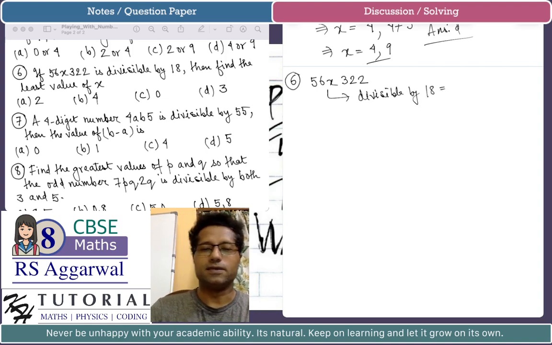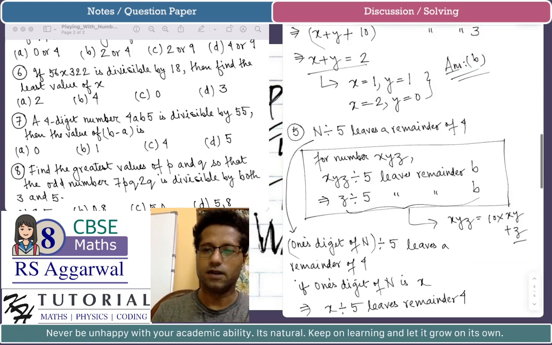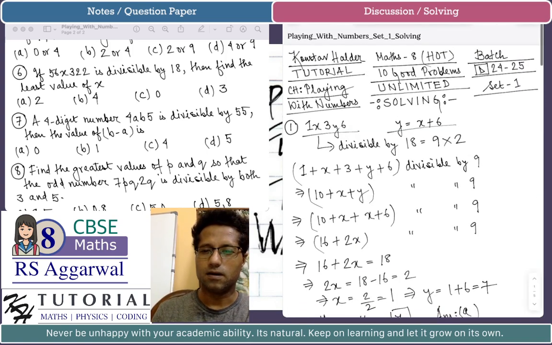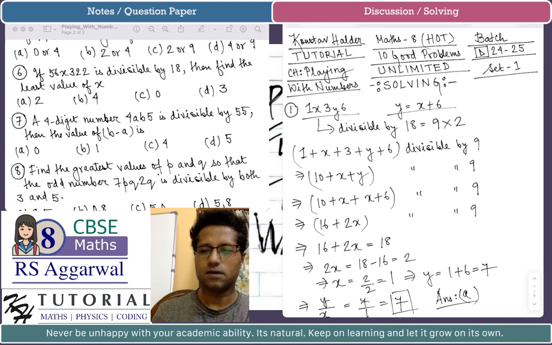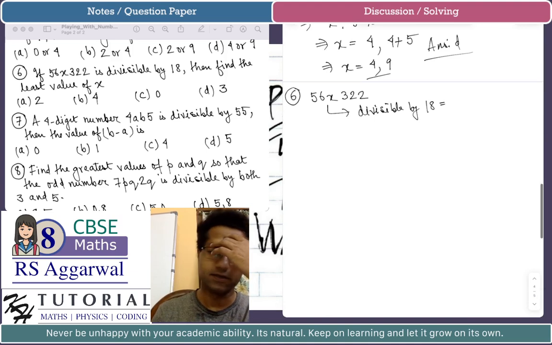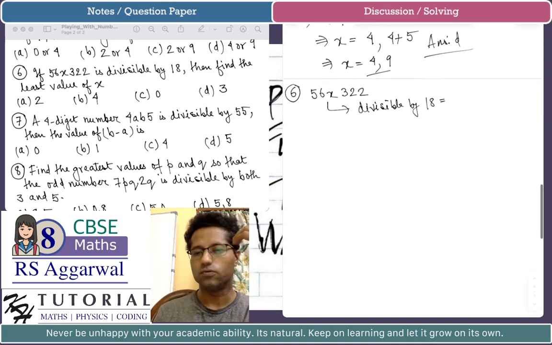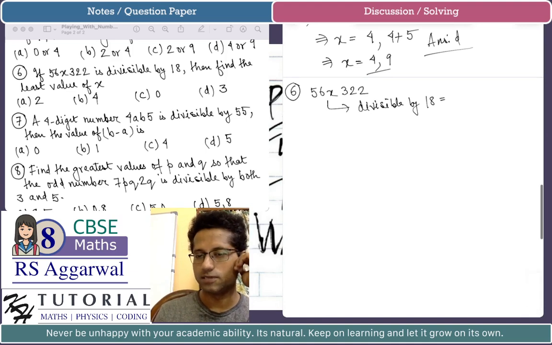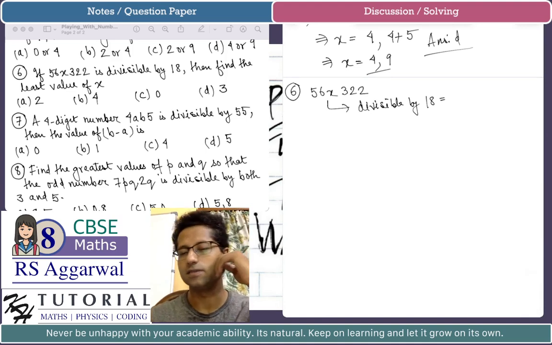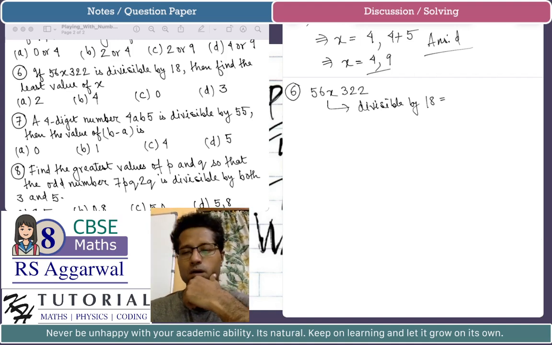As I discussed regarding problem 1, when it is given that a number is divisible by some number and that number is not between 2 to 11, we have to factor that number. In this case the number is 18. We have to factor it such that the factors do not have any common factor, that is, the factors will be 2 and 9.